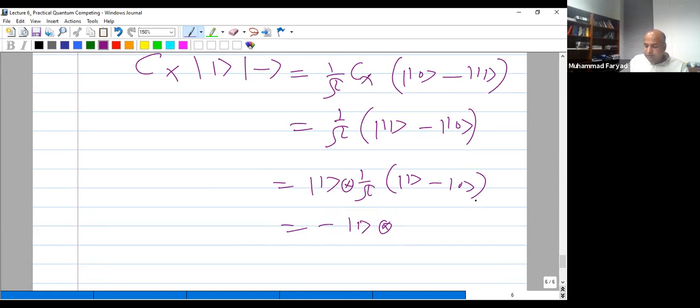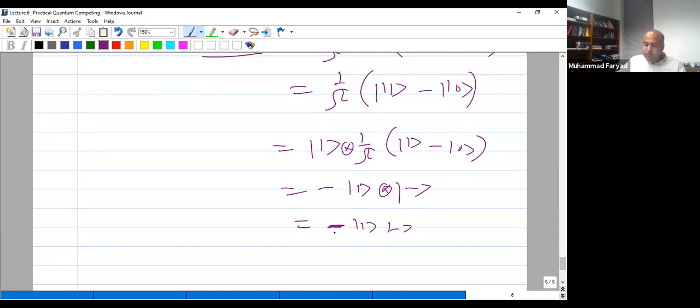So here we will be left with 0 minus 1, which is the minus state. So now 1 minus state has gone to minus 1 minus state. That I have introduced a phase which is equal to minus 1.